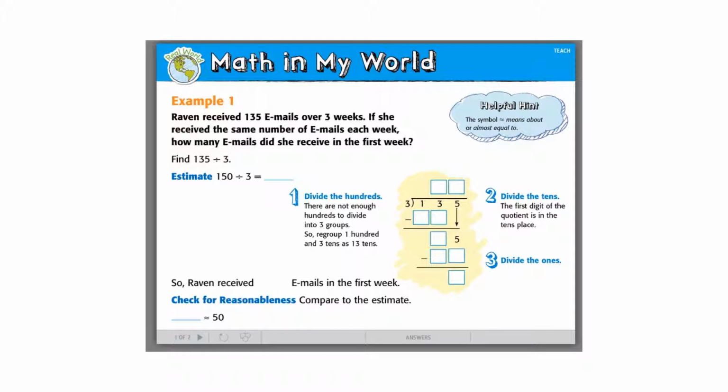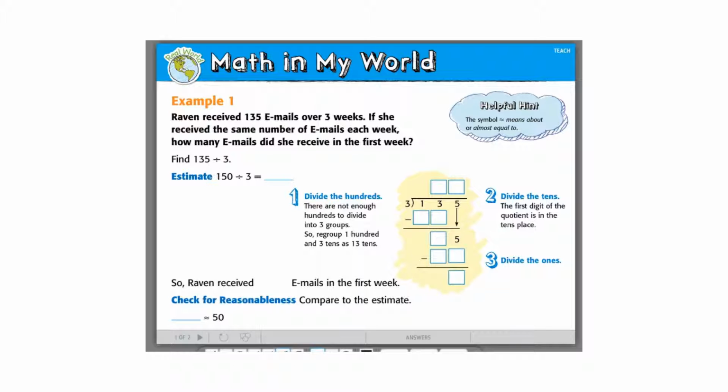Okay, look at your math page. It says that Raven received 135 emails over 3 weeks. If she received the same number of emails each week, how many did she receive in the first week? So, just like Malachias said, a good way to start this one out is to use an estimate.